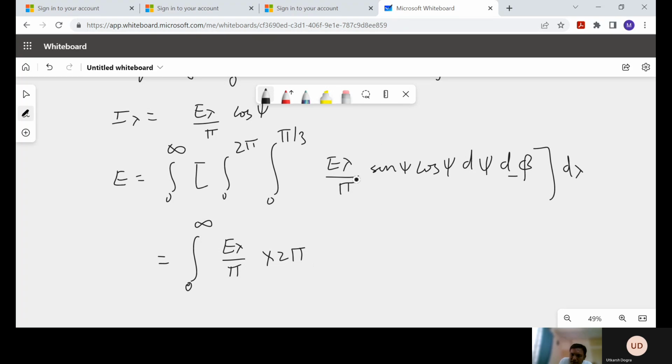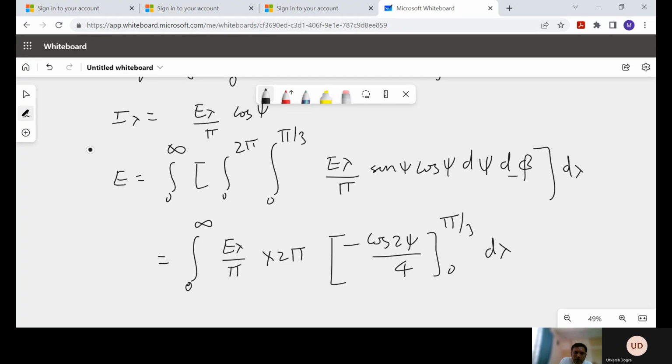And the remaining term is sin psi cos psi d psi integrated over 0 to pi by 3. That gives minus cos 2 psi by 4 from 0 to pi by 3, and d lambda.